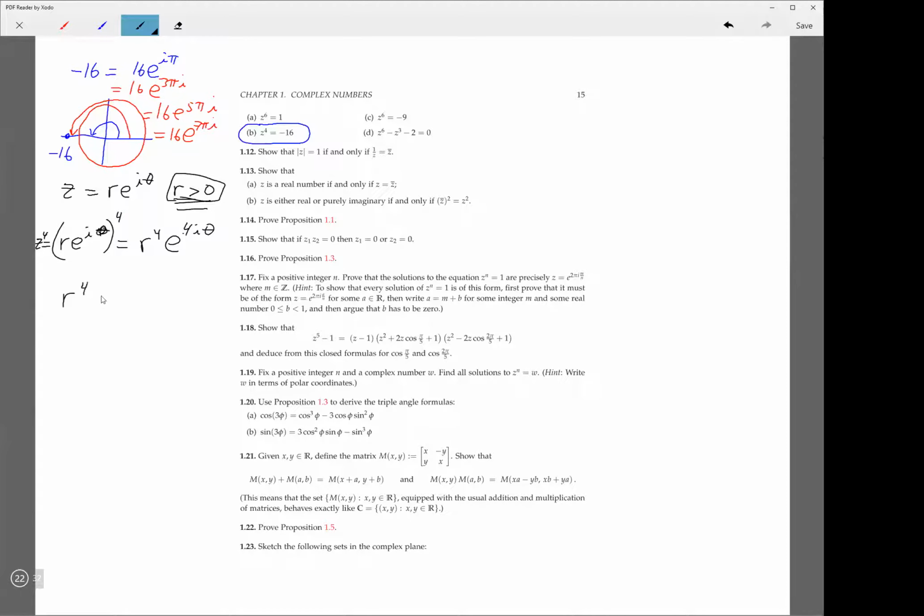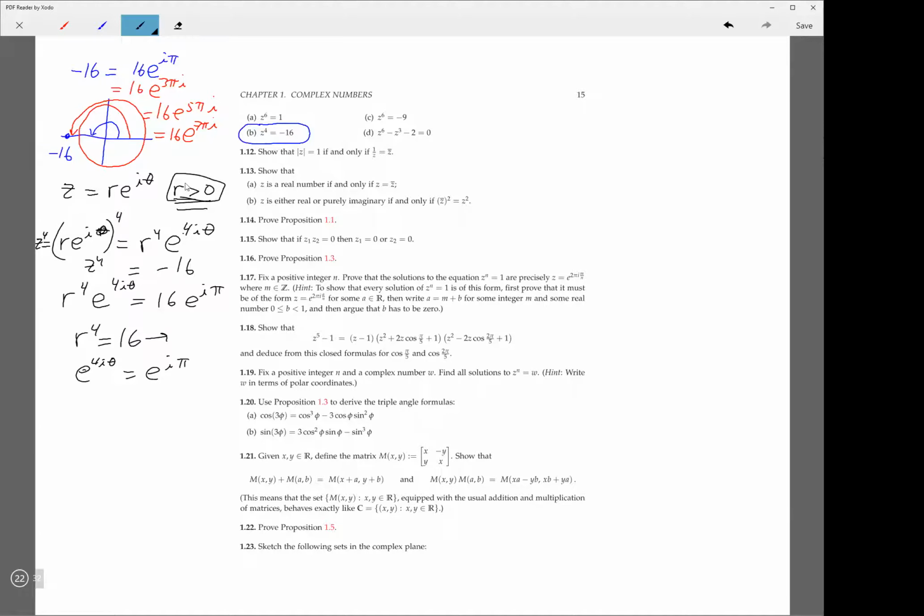So if I take the first one, for example, this is z to the 4th equals negative 16. If I take the first form of negative 16, and that's this right here, I'm going to equate r to the 4th equals 16, and I'm also going to equate e to the 4i theta equals e to the i pi.